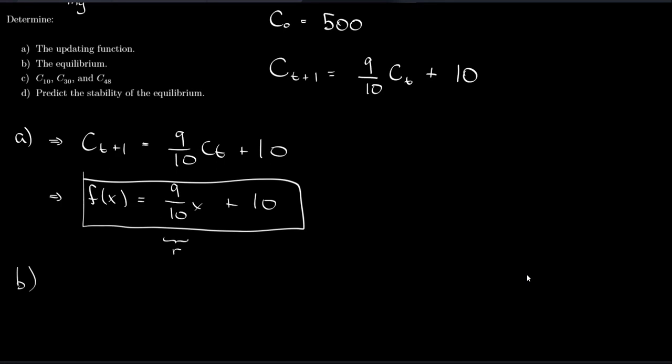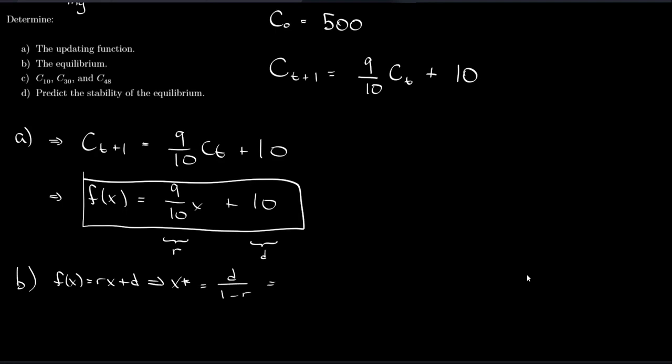Now for part B, by the way, based off this updating function, we can see that 9/10 is our R value and D is 10. And so when we want to find the equilibrium, which is part B, all we have to do is remember that for the kind of system that is given by f(x) = Rx + D, the equilibrium is x* = D / (1 - R).